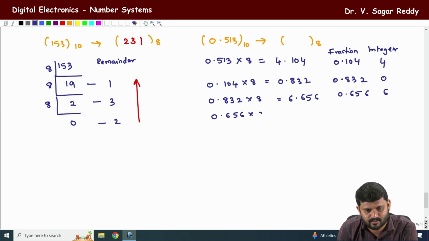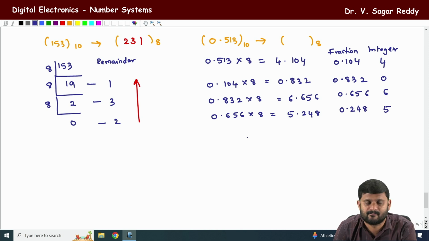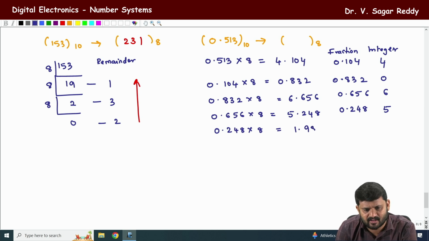I'll take 0.656 as the new fraction and multiply with 8. Then I'll get 5.248. So the new fraction is 0.248 and the integer is 5. I'll take this new fraction 0.248 and multiply with 8. Then I'll get 1.984.